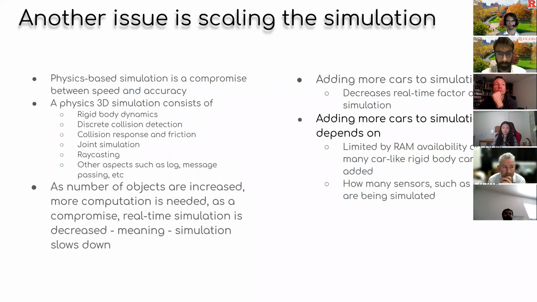And then the second issue that comes up with this physics-based realistic 3D simulation is the scaling. In 3D simulations, we try to emulate rigid body dynamics with collision detection. And there are also the joints of the different parts that are simulated. And then we have ray casting. Ray casting itself is extremely computationally expensive.